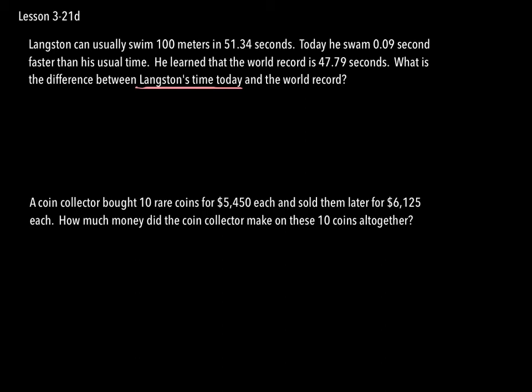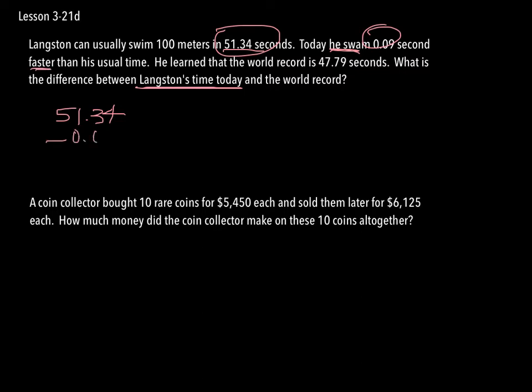We're going to take his normal time, which is 51.34, and we are going to subtract this amount of time, because he normally swims this, but he swam this faster, and faster means we're going to subtract time.